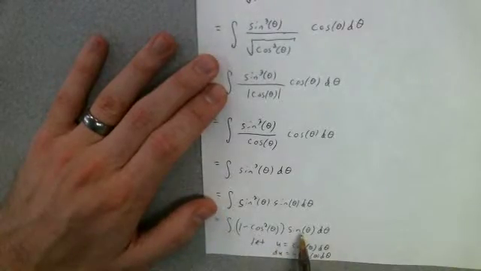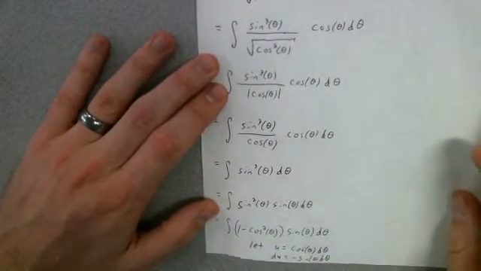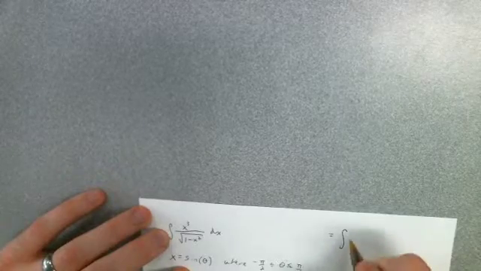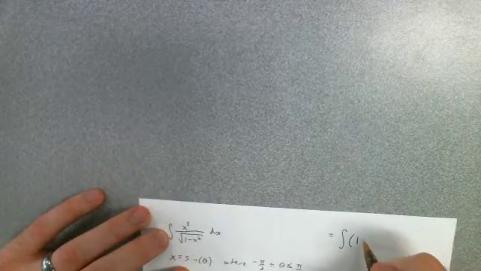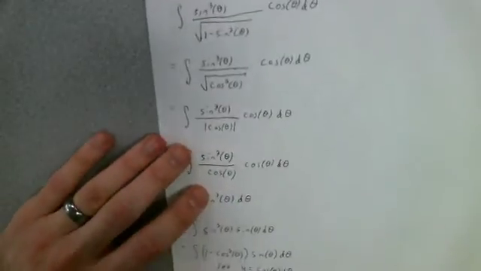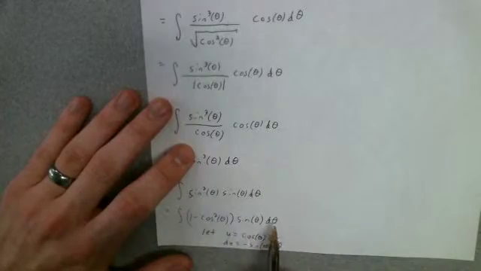So I can take this integral and I can do a substitution. If I do that, I'm left with finding the antiderivatives of 1 minus u squared, and then my sine of theta d theta here will become negative du.